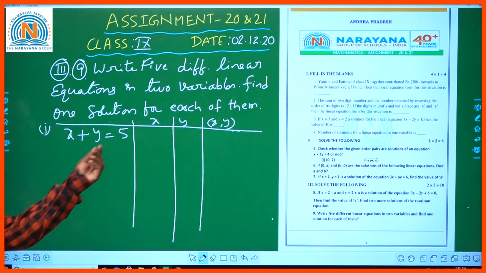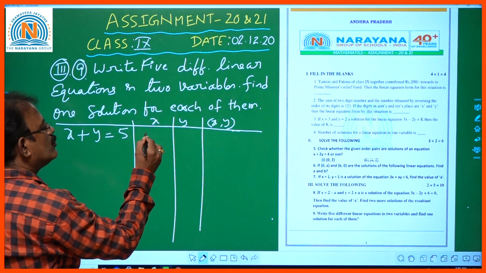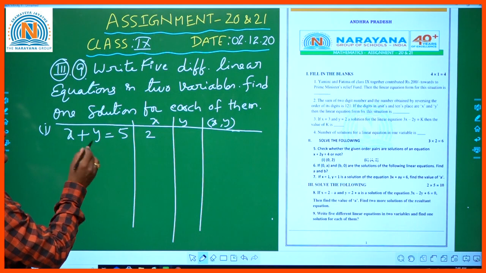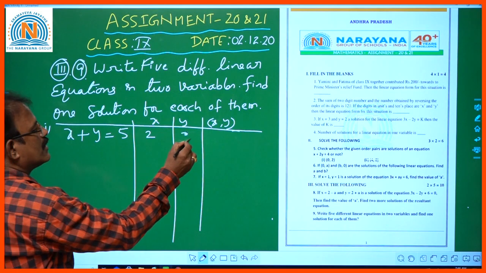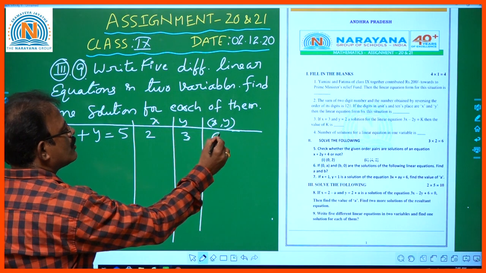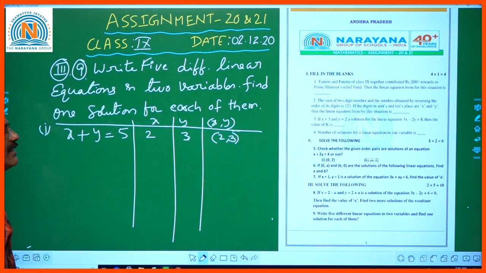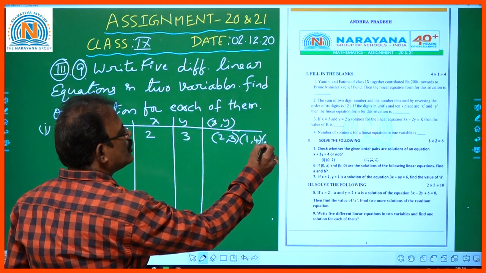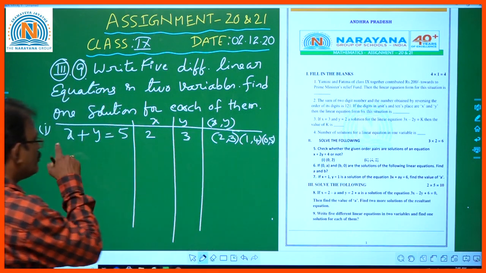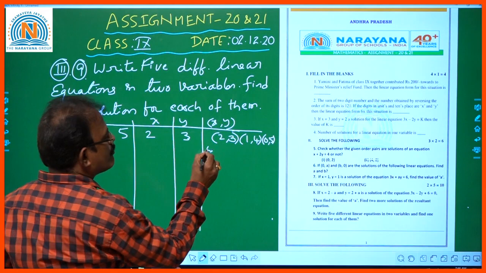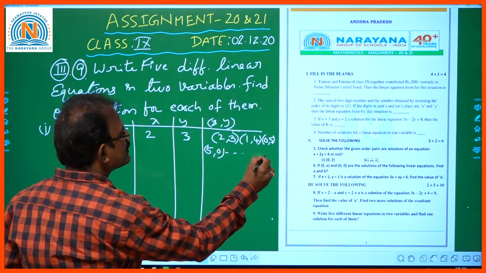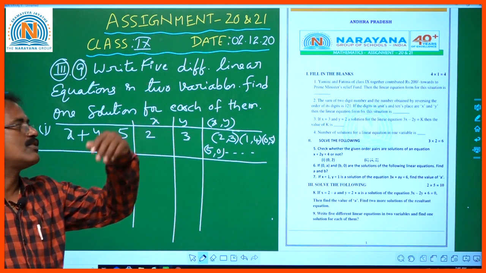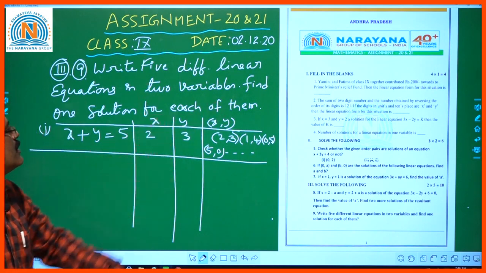See, for example, if you take x is equal to 2, then 2 plus what makes the sum 5? 3. So what is the solution? 2 comma 3. Like that, 1 comma 4. Like that, 0 comma 5, because 0 plus 5 is also 5. Or else 5 plus 0 also. You can write infinitely many solutions, but they asked only one solution.